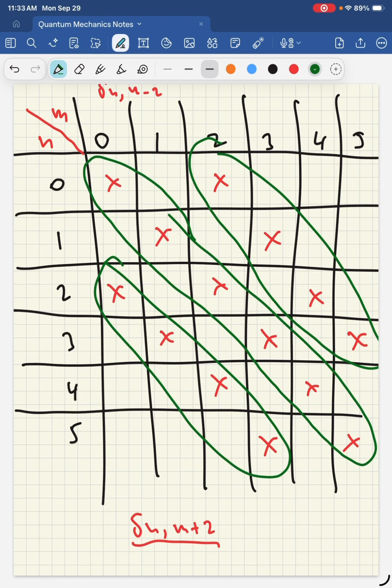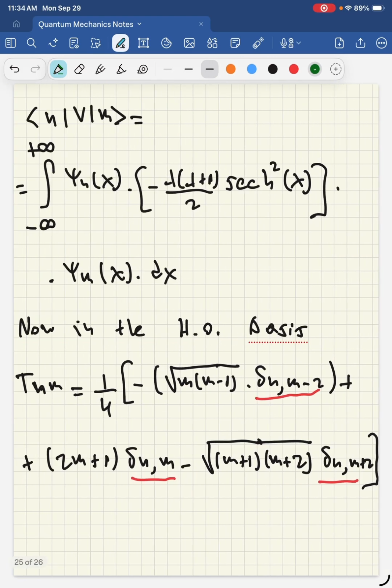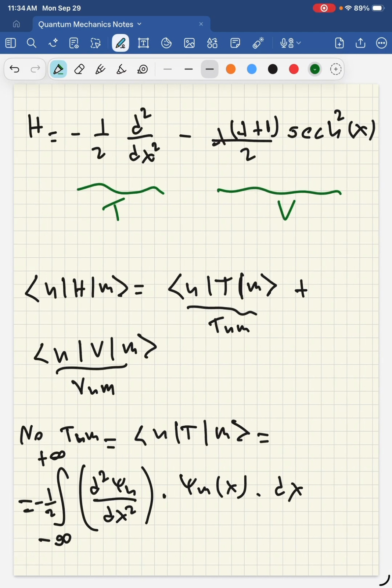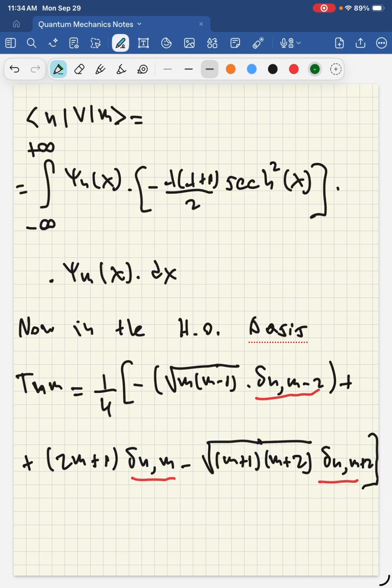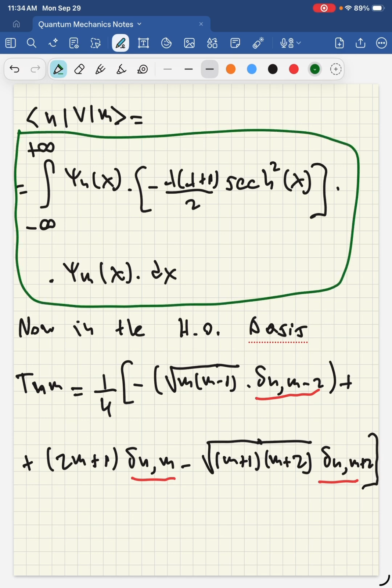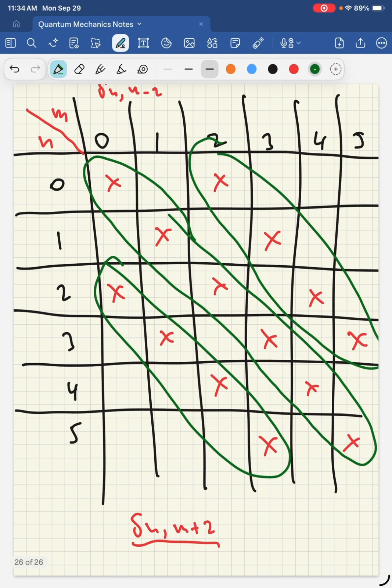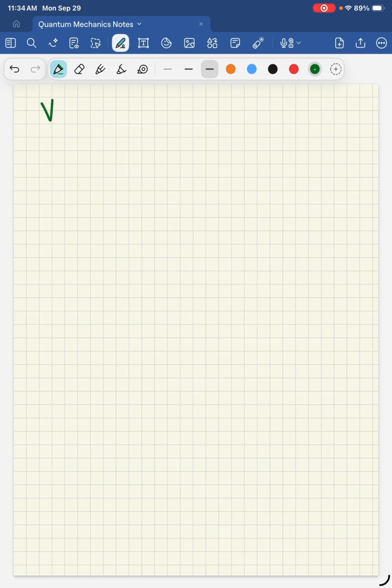Okay, and for the matrix elements of the potential energy operator, we will need to evaluate these integrals, and I will show you how that's done in the notebook. And once, okay, this is just, this matrix is T and M, okay? You also need to calculate V and M, okay?